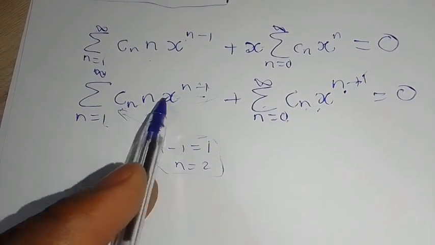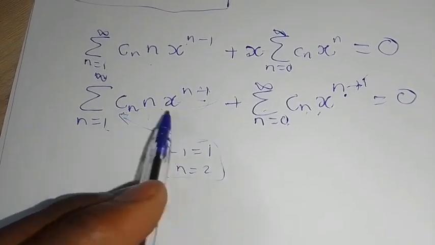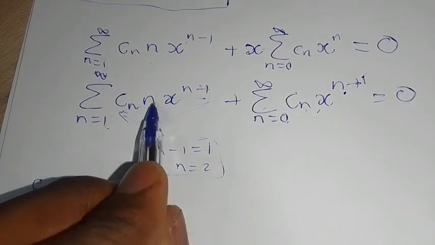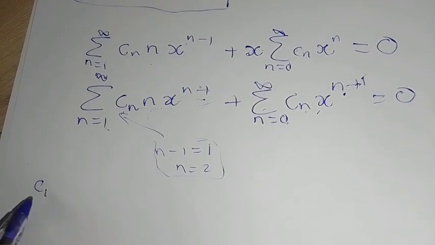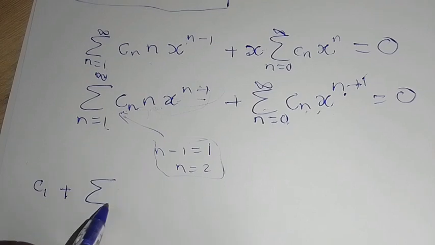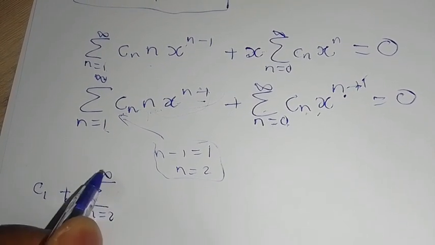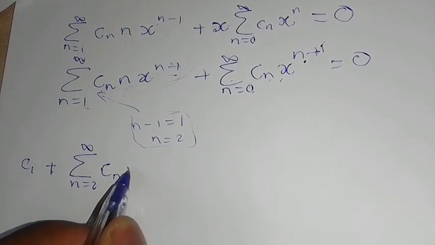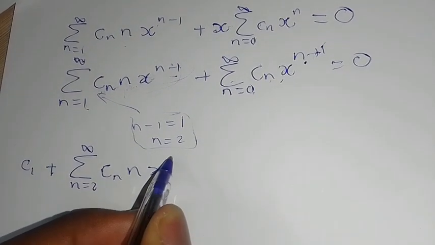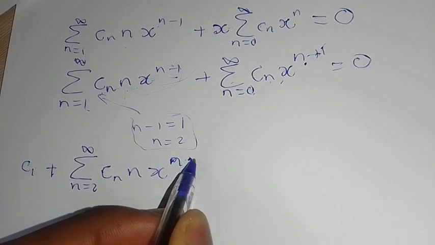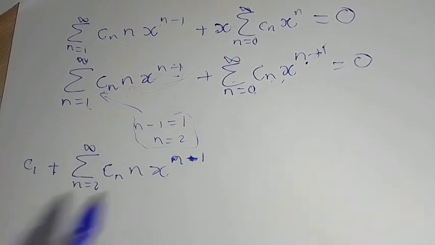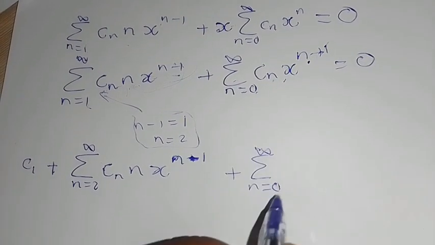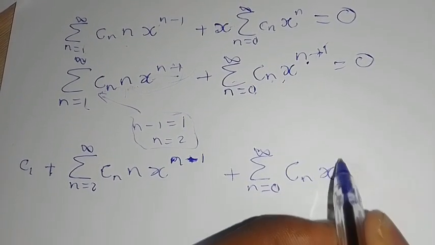And when you plug in 1 on the series here, notice something: you have c1 multiplied by 1 multiplied by x to the power of 0, which is just going to be c1, plus the summation starting at n equals 2 to infinity of cn n x to the power of n minus 1, plus the summation starting at 0 to infinity of cn x to the power of n plus 1.